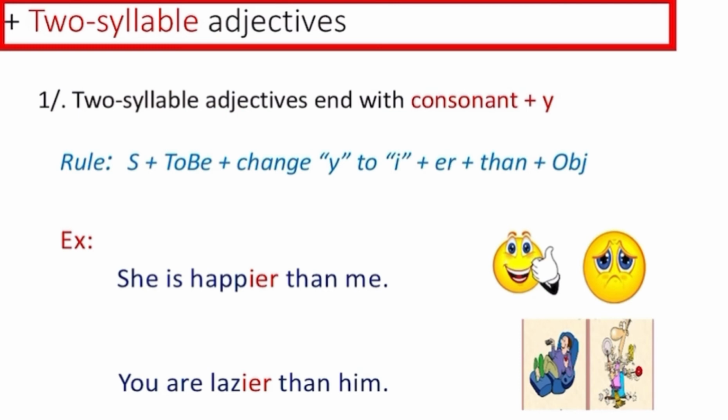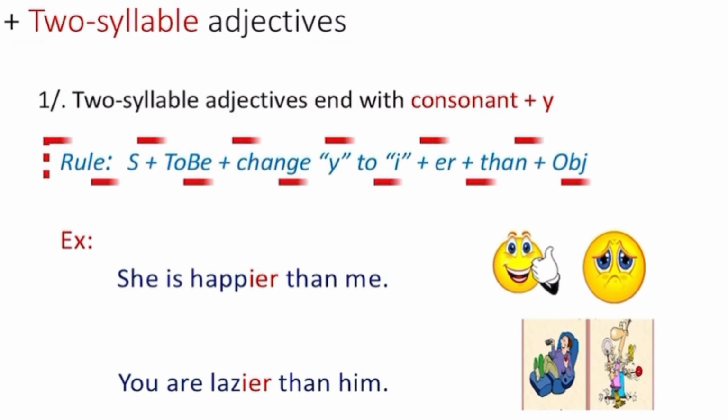If the adjective has two syllables and it ends with consonant plus y, you have to change y to i, and then you add er. Let's see the rule here. Subject plus to be, and then you change y to i, plus er, plus then an object. Okay, so you see here, here's the rule.